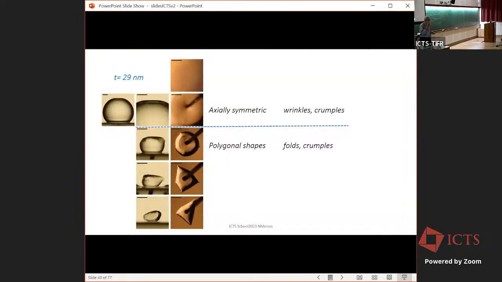So here's the sequence of pictures. Here's a sheet that's 30 nanometers thick, and you go through this sequence of things. At a very, very early stage, you start seeing that this is not perfectly axially symmetric. You start seeing little bits of wrinkles.